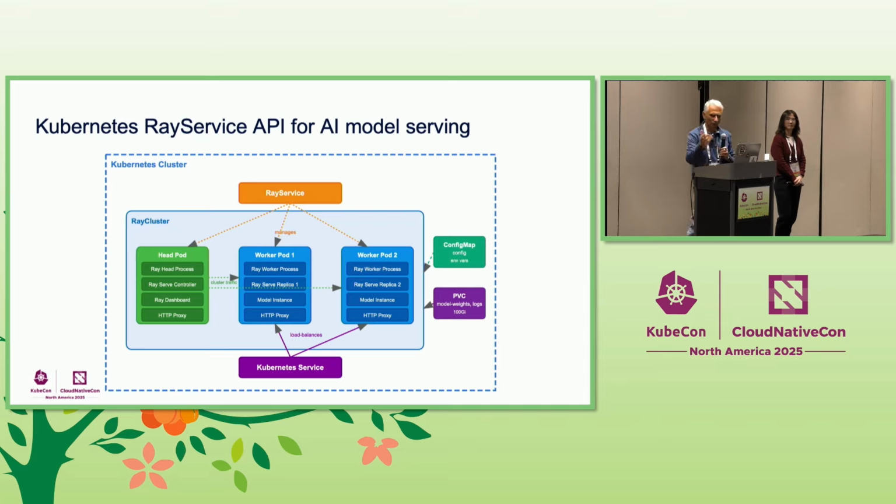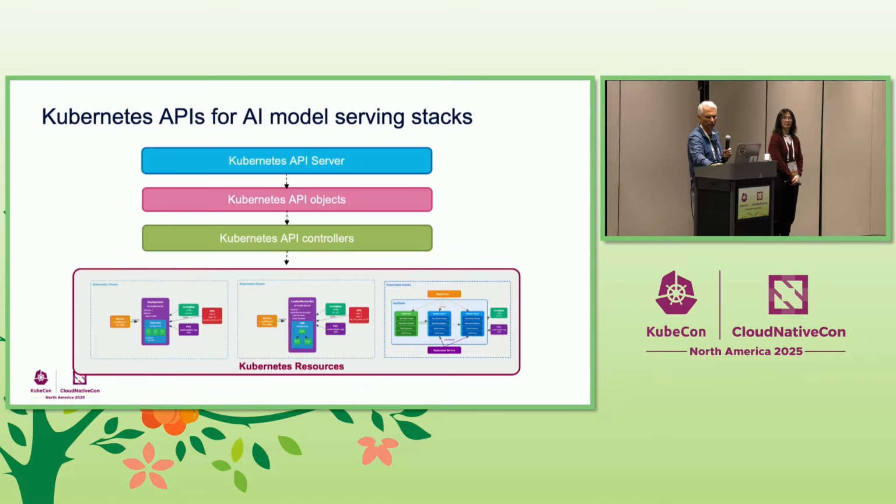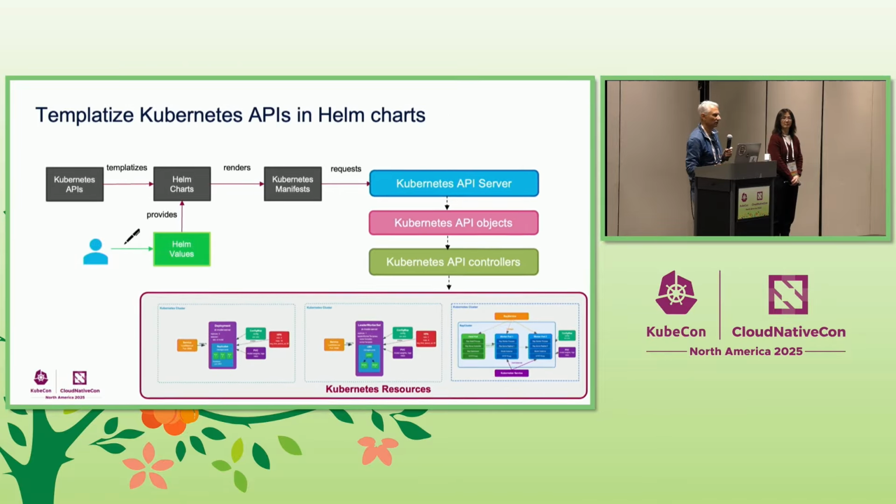So now that we understand what kind of API objects we would need to do the inference stack in Kubernetes, now we have to figure out how to do the packaging so that we can have versioning and templatization. And for that, we come to the core part of the solution, and that's Helm charts.